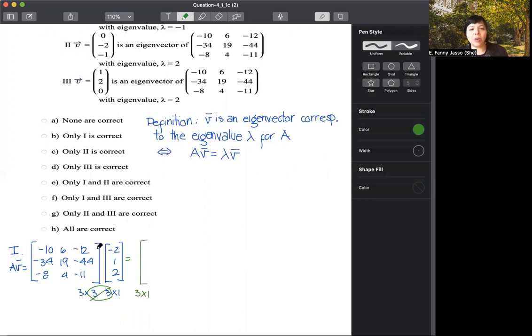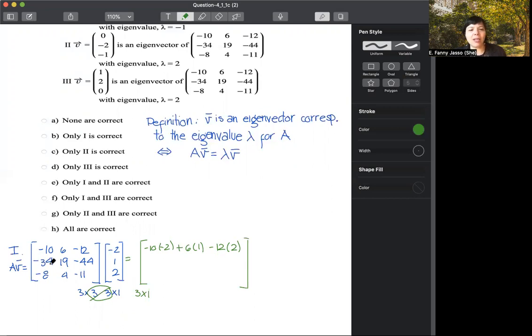This row is going to be matched with each of the entries of the vector. So it's going to be -10 times -2, then this one with this one will give me +6 times 1, and then -12 times 2. When I simplify this, that will give me my first entry.